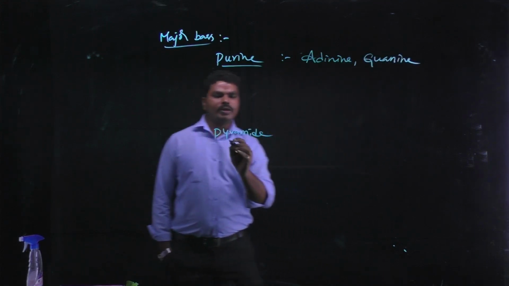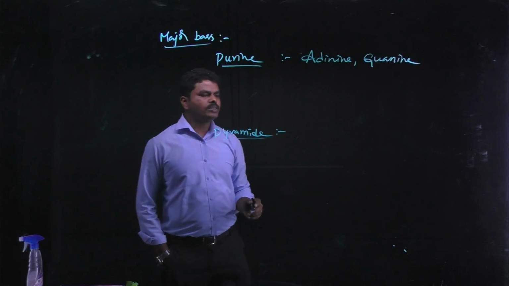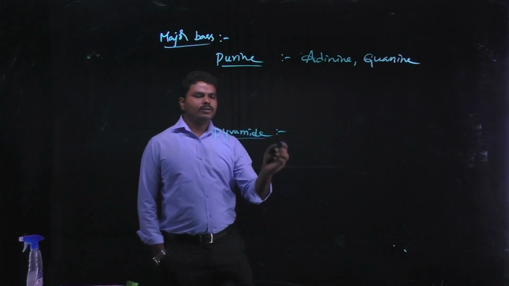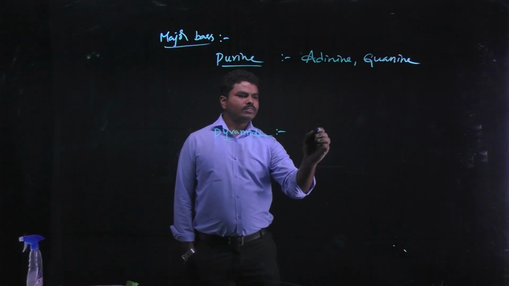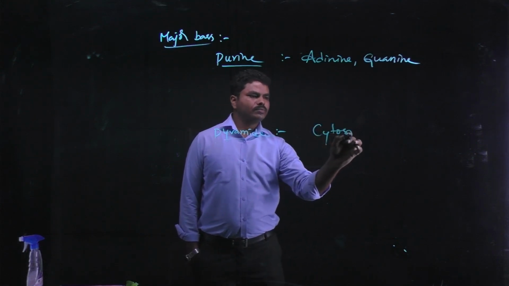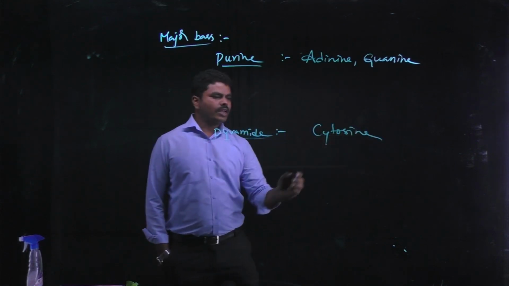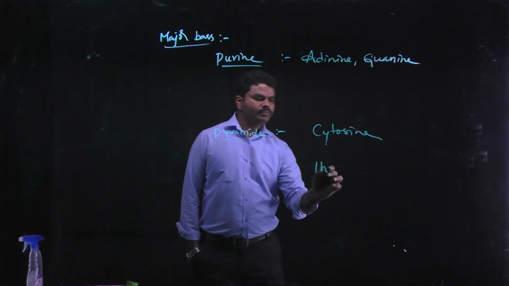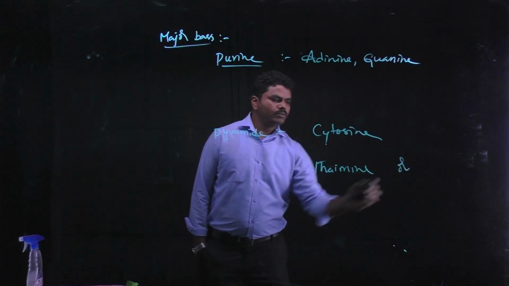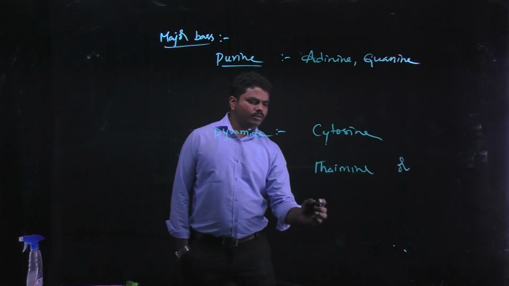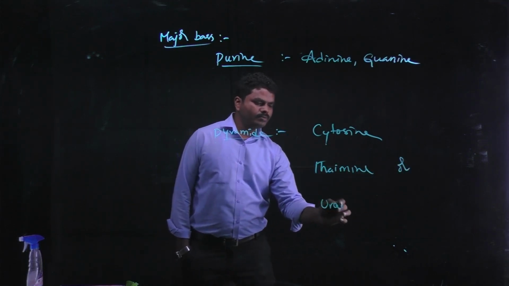In the case of pyrimidines, the major bases present in RNA and DNA are first cytosine, and second either thymine or uracil.